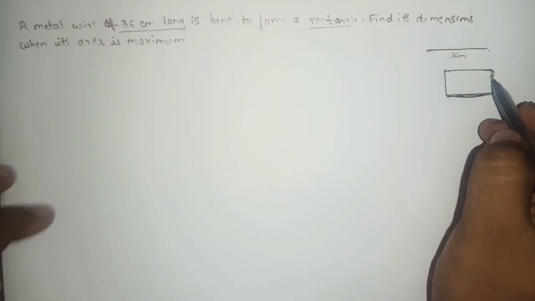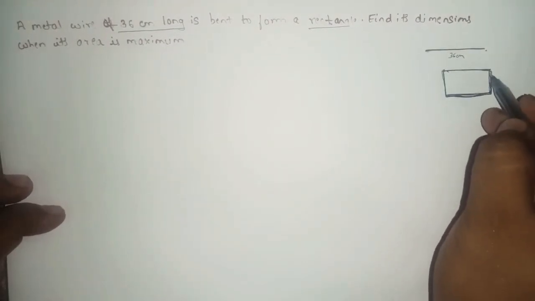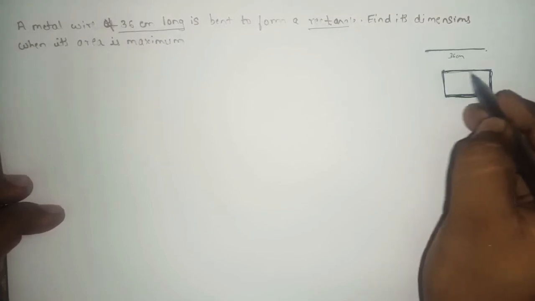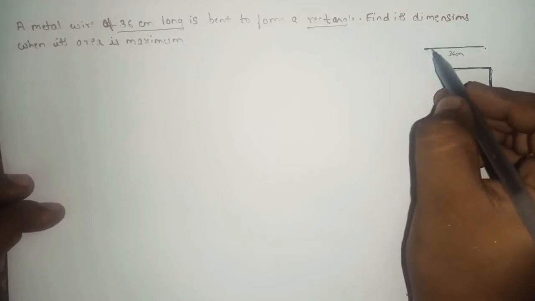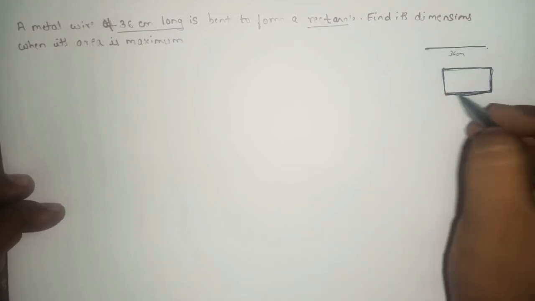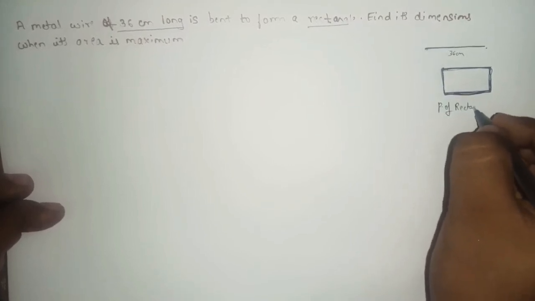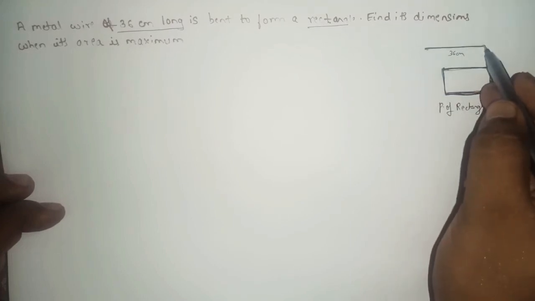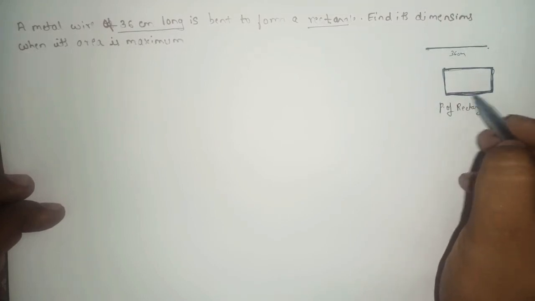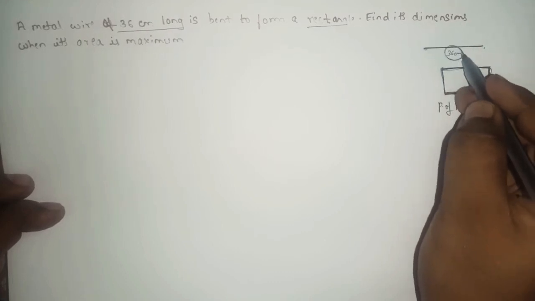So bent to form a rectangle means what? The outer boundary. This outer boundary for the rectangle is known as what? Perimeter. So can I say the meaning of this 36 long wire bent to form a rectangle is actually the perimeter of the rectangle, because when you bend this wire to form a rectangle, it will still be 36 centimeter only.